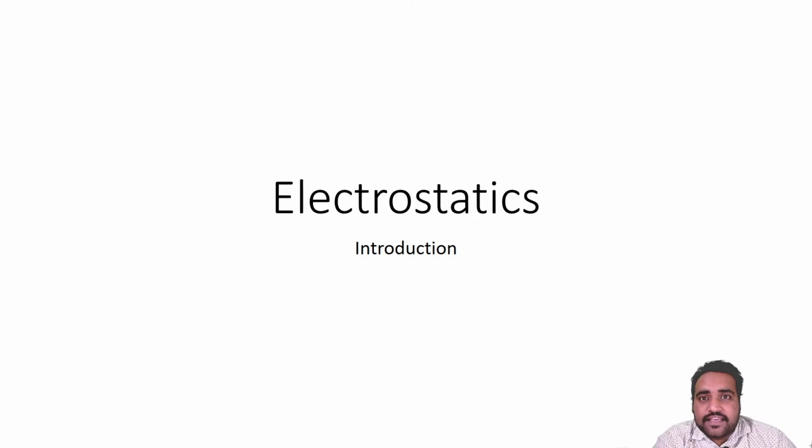Electrostatics is the study of charges at rest. Even when charges are kept at rest, they would have an effect around them. What is the nature of effect due to various types of charges at rest is what we will be seeing in this module.